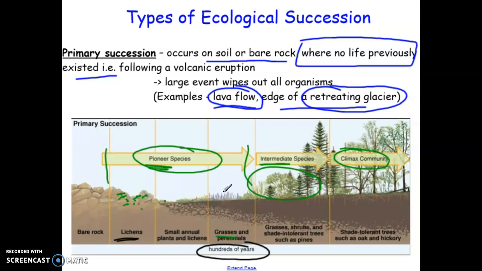And then you get larger organisms, because there's more food for them. If rabbits and squirrels start coming in, well, different things that eat rabbits and squirrels will start making their way there as well. It's all about resources and how available they are.